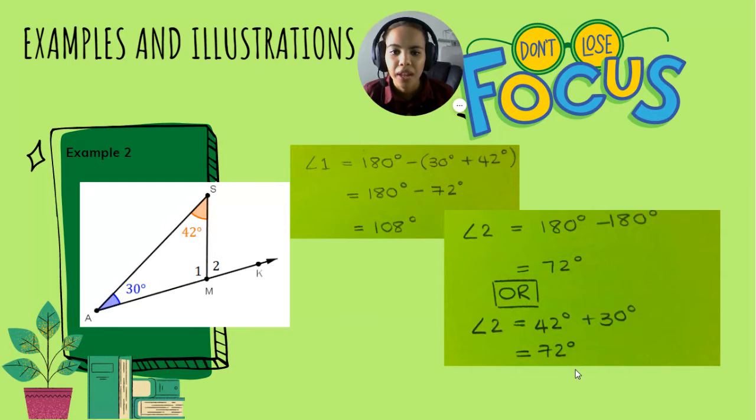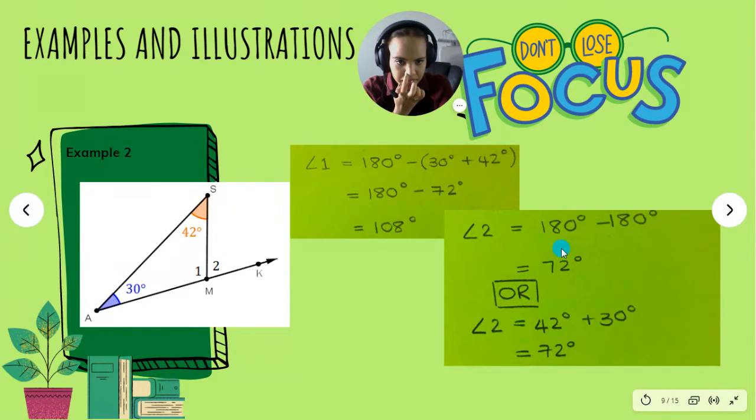Example number 2. Okay, there's many different ways we can find angle number 2 specifically. What we can do, I made a mistake over here. It should be 180 minus 108. Okay, so take note. Here we are. The external angle is equal to the sum.